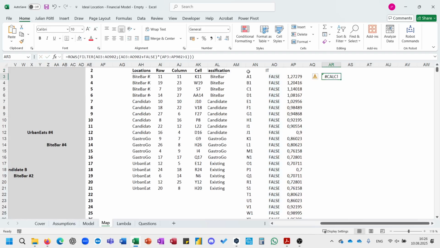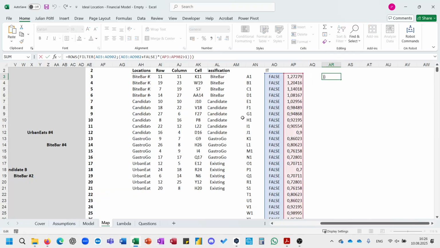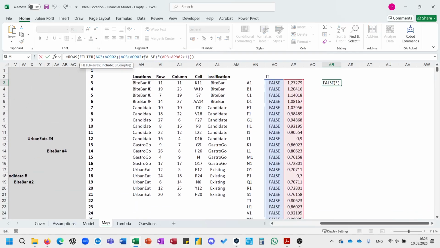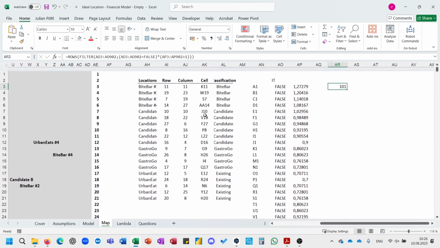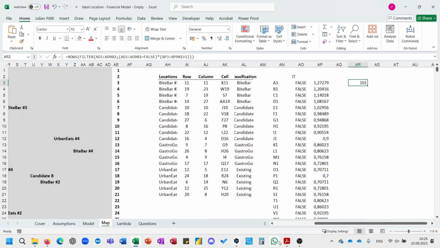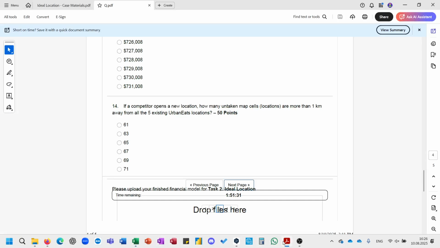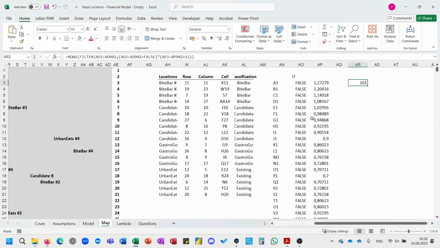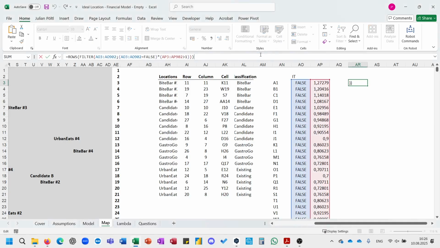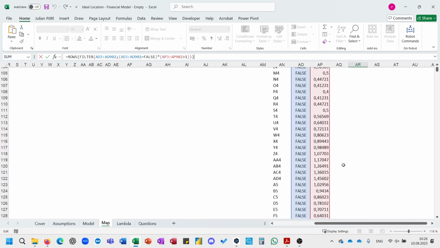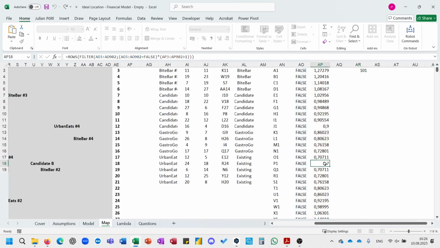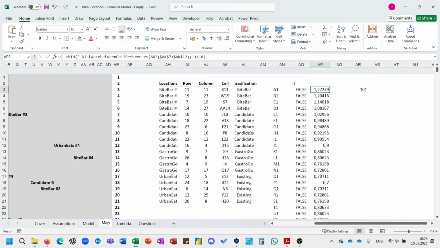And we get a calculation error. Equals false. 101, which is not right. Question is why?